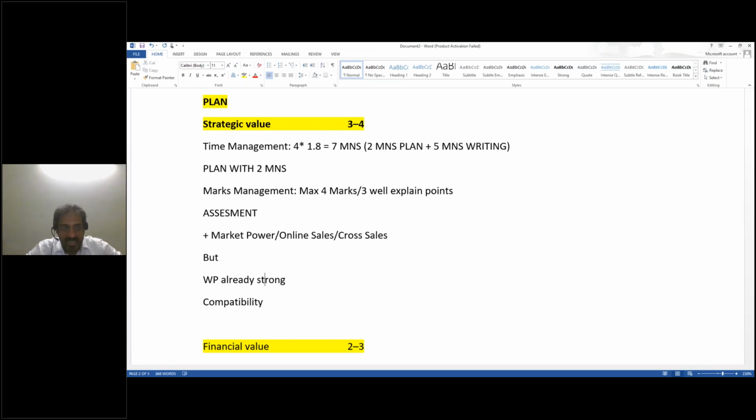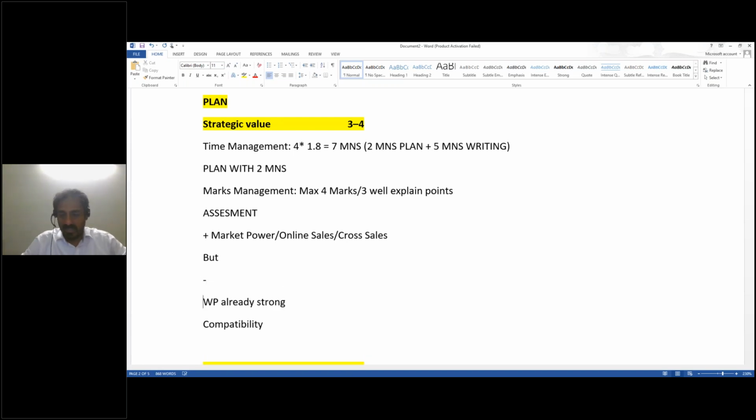But some negative points. Negative means some question marks. We are already very strong, having a good brand. There is a point, question mark. Are we able to compete with an online company and with the acquisition as well?